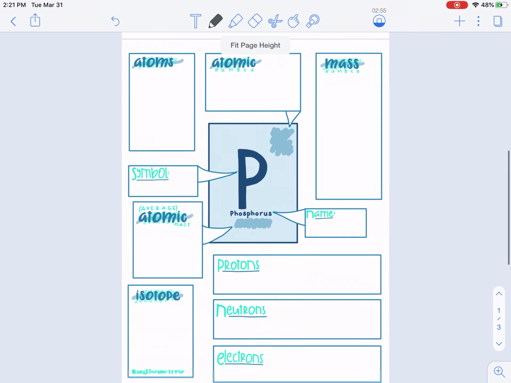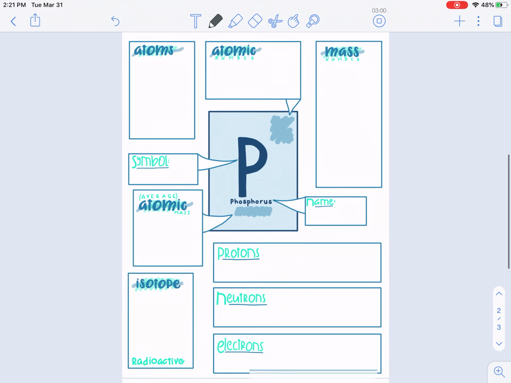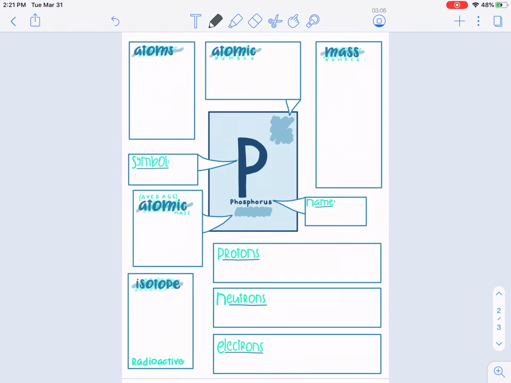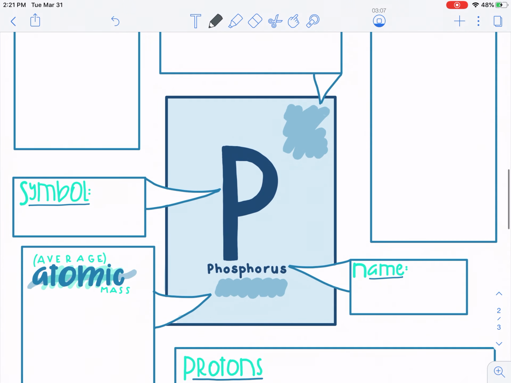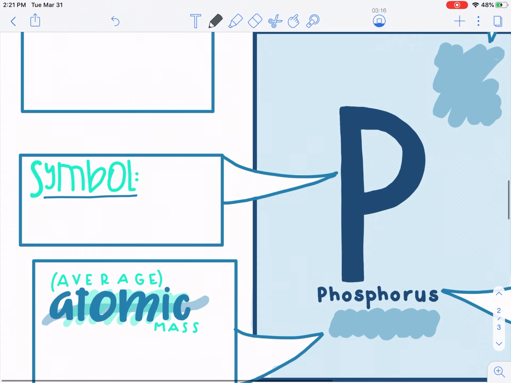Now we are going to look at one little square of the periodic table, which of course represents one element. In this case, I chose phosphorus. We start with the capital P, which is known as the symbol for that element. So the symbol is the letter or letters.